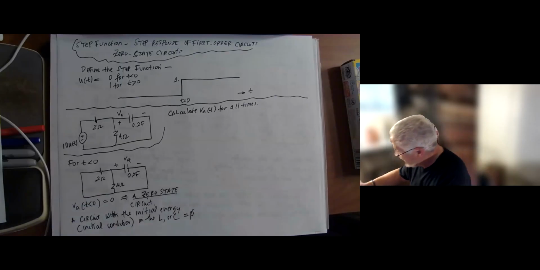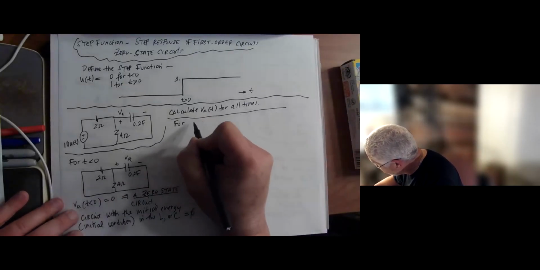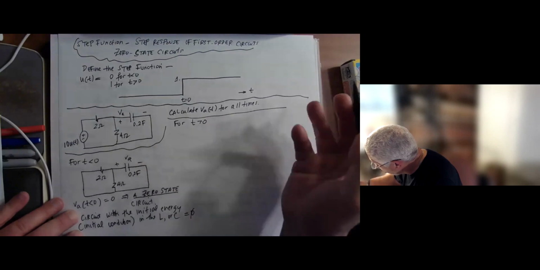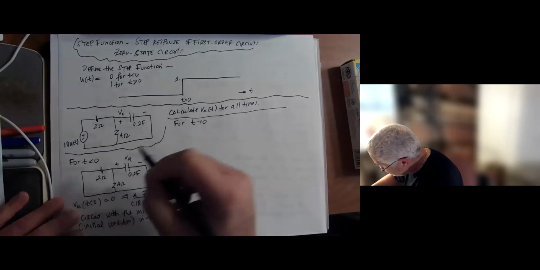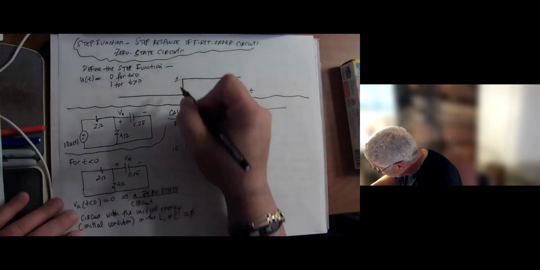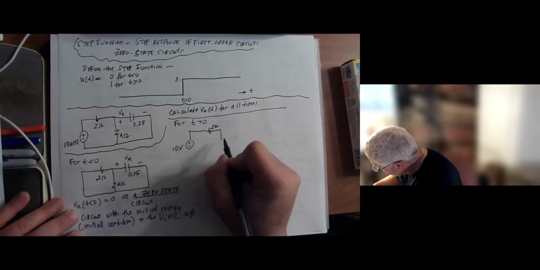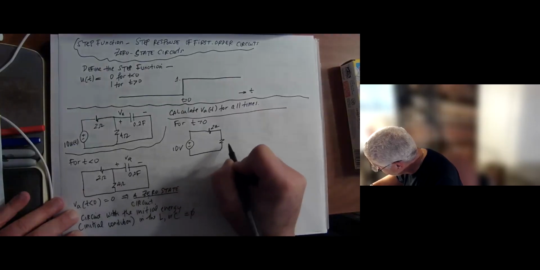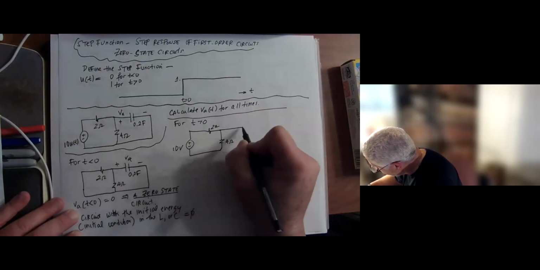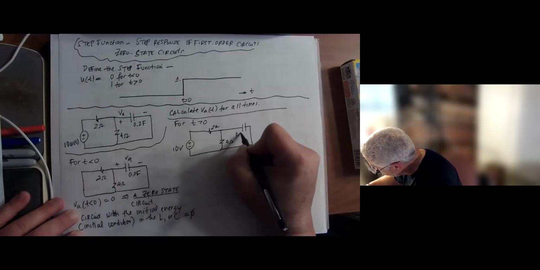Next, we solve for t greater than 0. What do we have when we do that? The voltage source becomes 10 volts, because U of t goes to 1. Then we have the 2 ohm resistor, the 4 ohm resistor, and the capacitor, 0.2 farad.